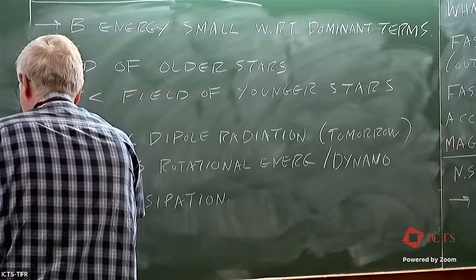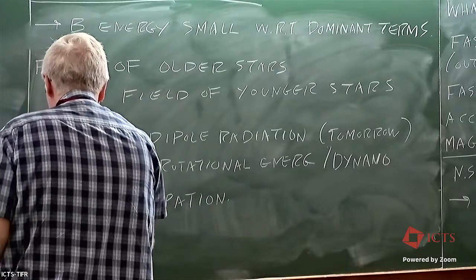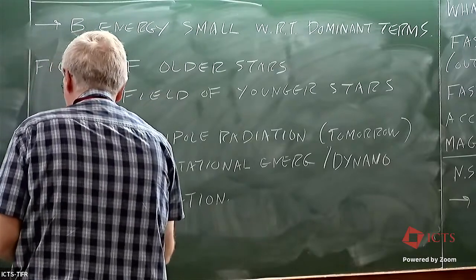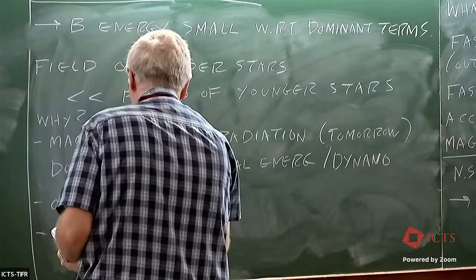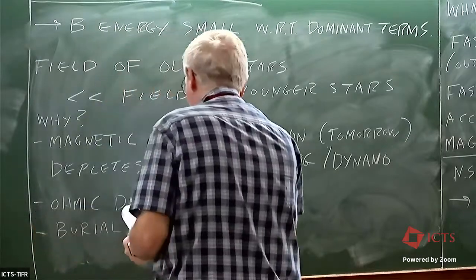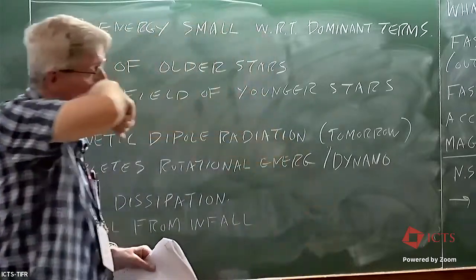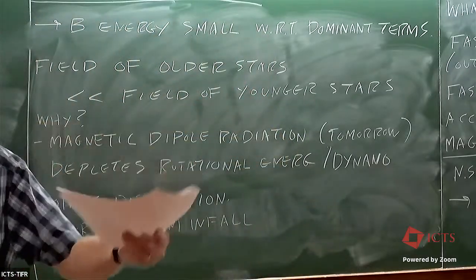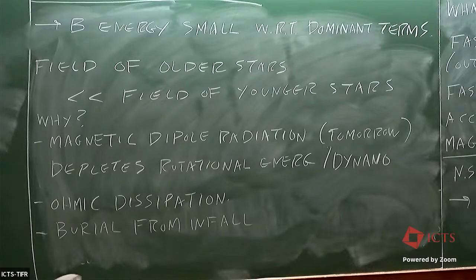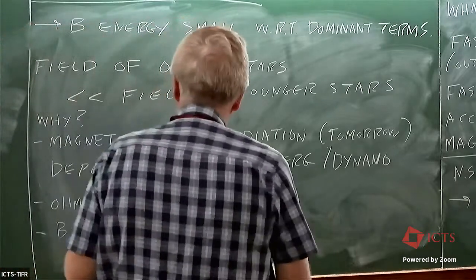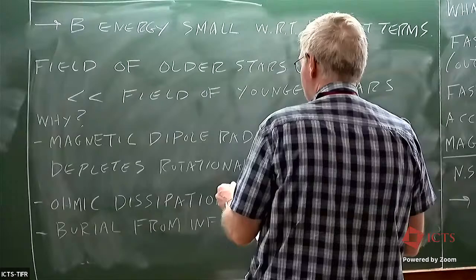Another possibility is that the field can get buried. There can be burial from the infall of accretion when the star is first formed. The aftermath can bring material, plasma, down onto the star.